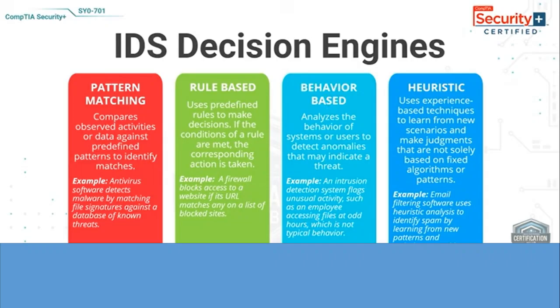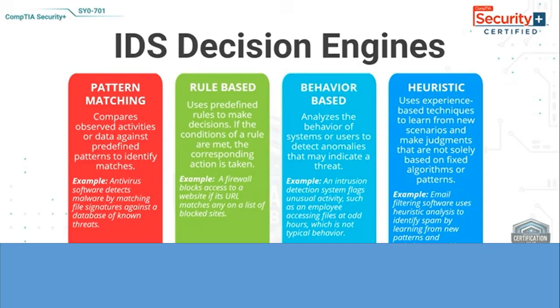For example, how antivirus works: it has a directory of the list of viruses. If any file matches, it will detect it. The antivirus software detects malware by matching file signatures against a database of known threats.